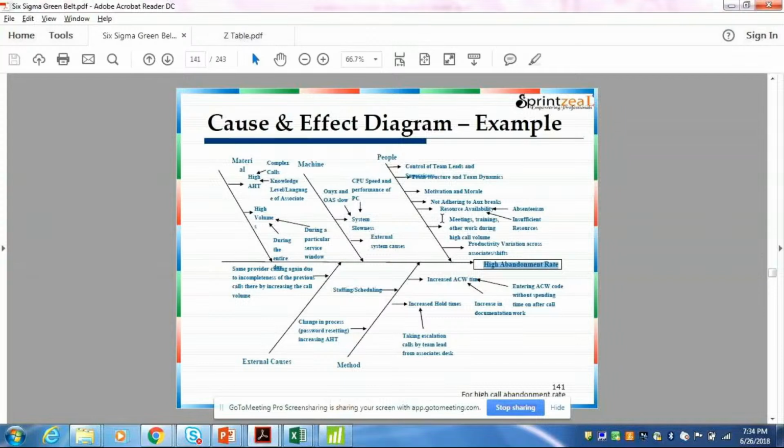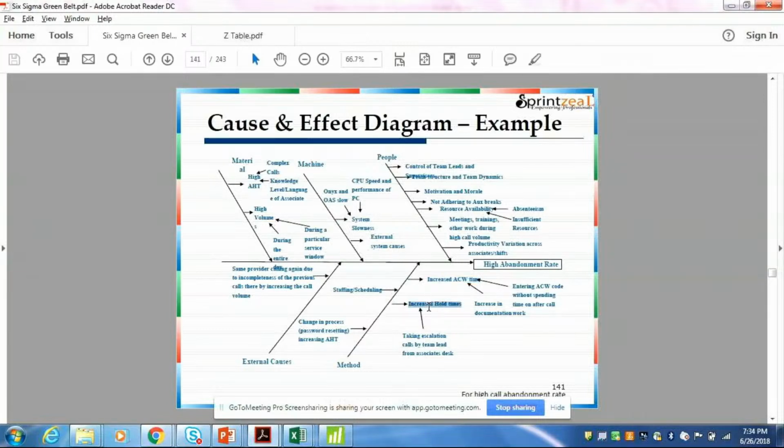The project Y is high abandon rate. What are the causes which might be leading to this high abandon rate? Increased ACW is one of the causes. What is ACW? It is after call work. If somebody is spending time in after call work and is not available to take the call, the customer calls, there's no agent available to take the call, and it would get abandoned, right?